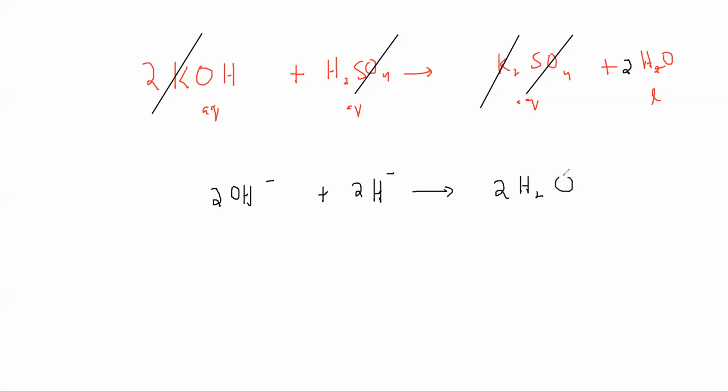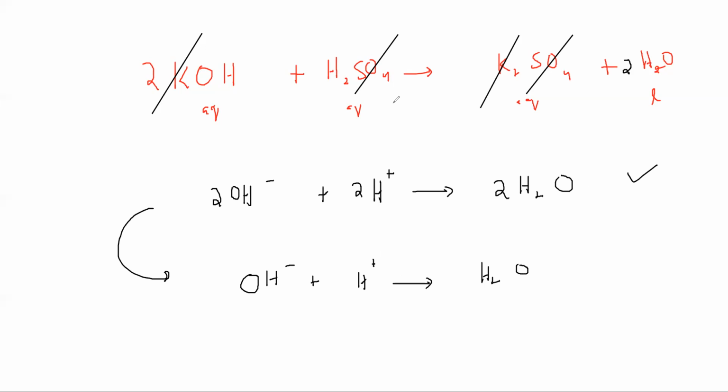Or, because 2 is common here, I can write the simplest ratio: hydroxide ion plus hydrogen ion will give H2O. This is correct, there is no difference. Is it clear? Both equations are correct, and you can write the simplest one.